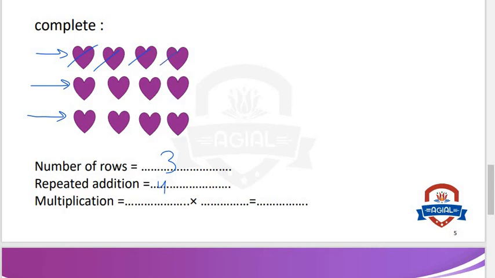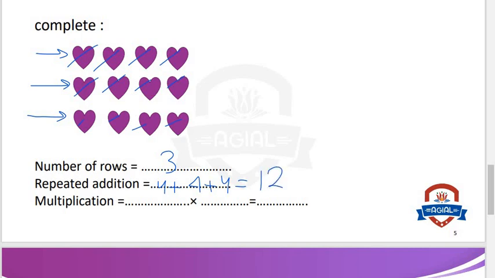So we write 4. Plus, how many in the second row? 4. So we write 4. Plus, how many is the third one? Super, 4. 4 plus 4 plus 4. 4 plus 4 equal 8. 8 plus 4. Count. Put 8 in your mind and the 4 in your hand. After 8: 9, 10, 11, 12. Super. So the result equal 12.